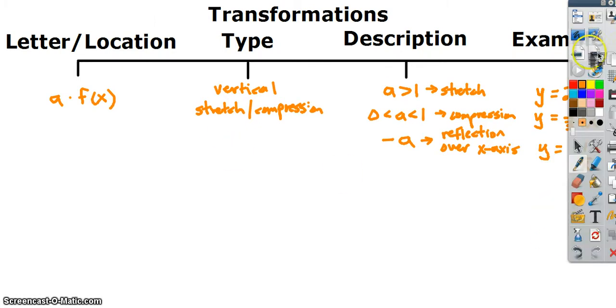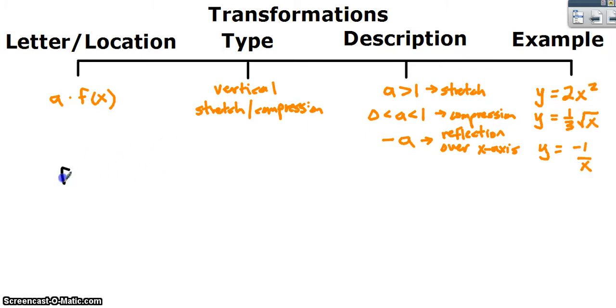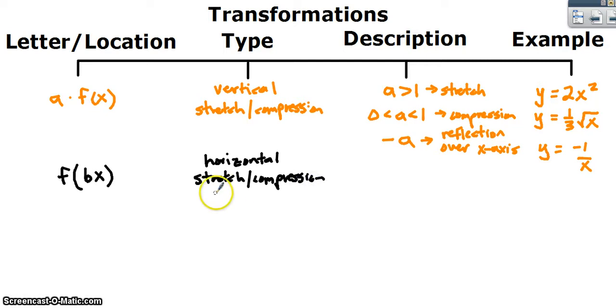Type number 2 is a b value. This one goes inside the parentheses, f of bx. This is going to be your horizontal stretch or compression. Also I want to point out that this is opposite of what you think it would be.